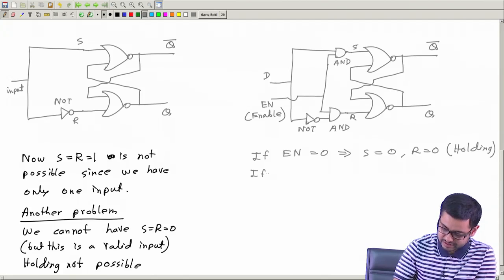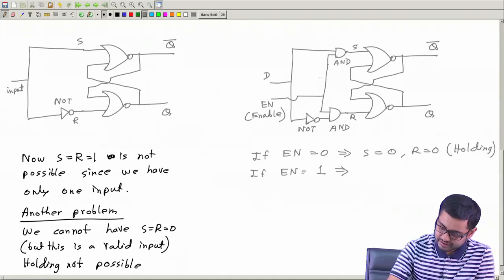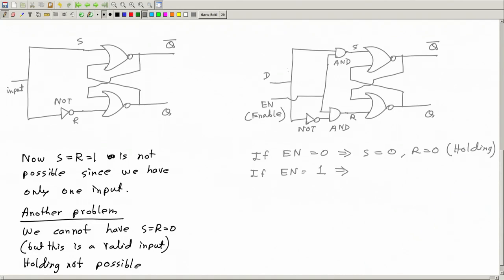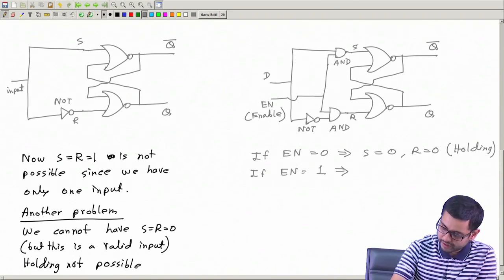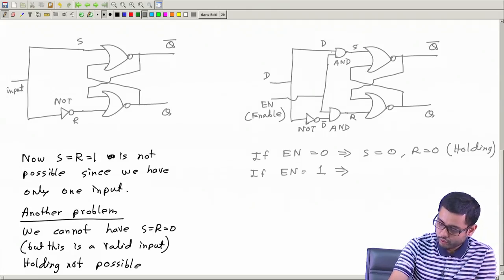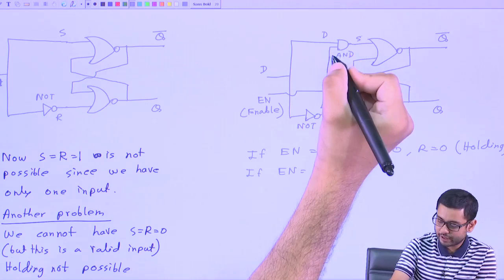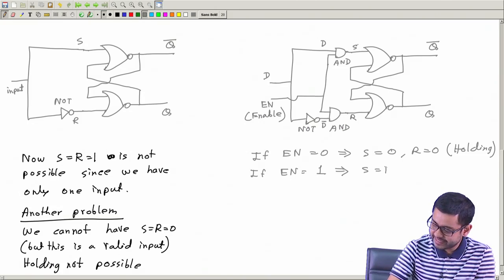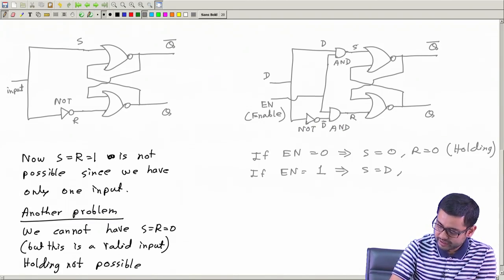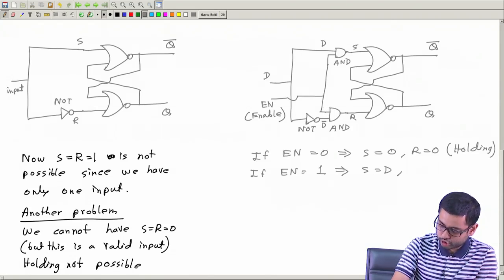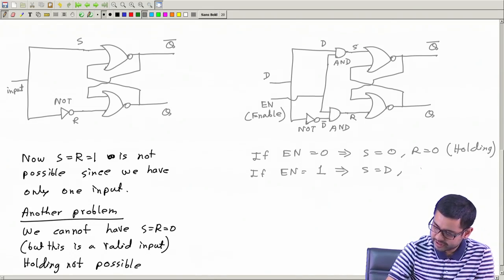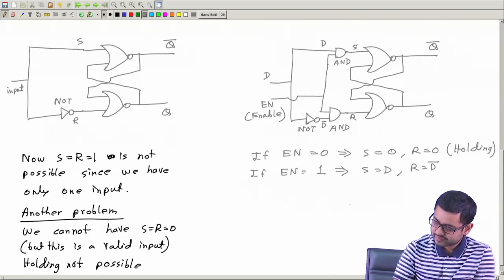And if enable is equal to 1, then this is D. This D goes here, this is equal to 1. Now 1 and D, so this is D, and here I have D bar. So D and 1 is of course D. Okay, D and 1 is D. So S will become D and R will become D bar dot 1 is D bar. Okay.